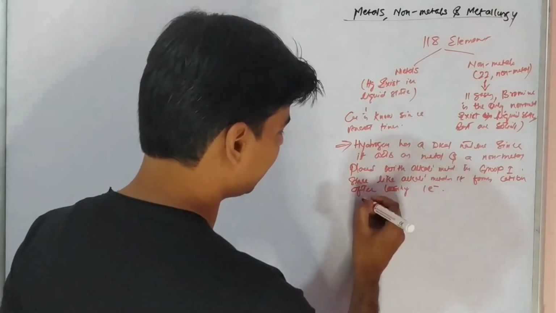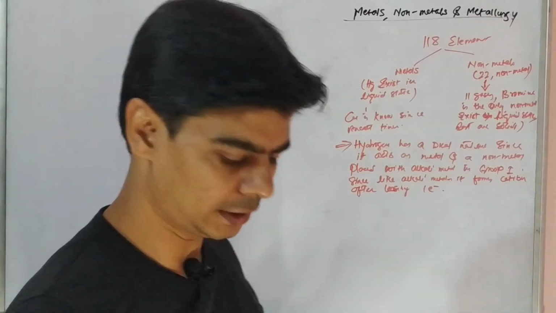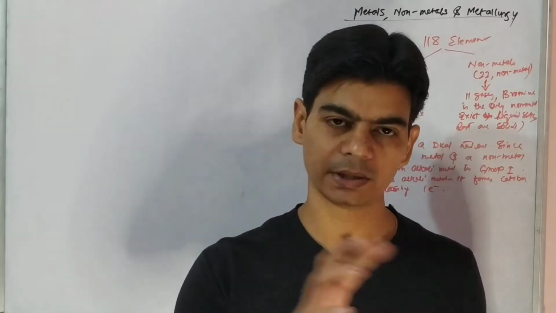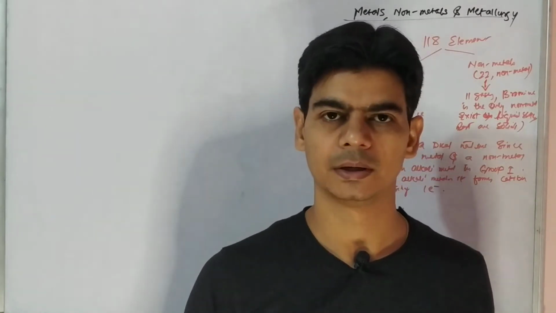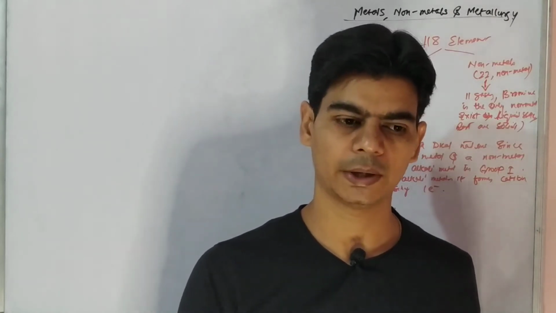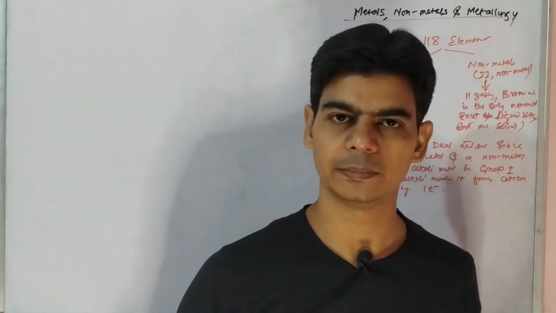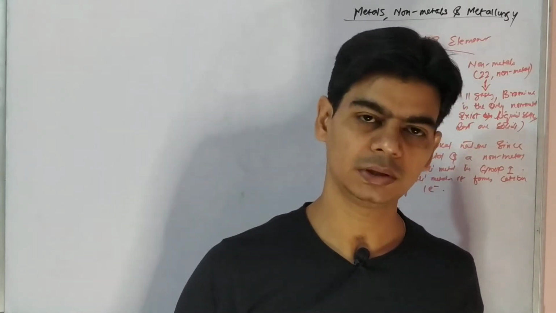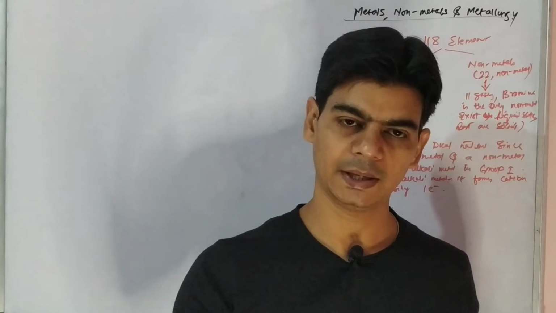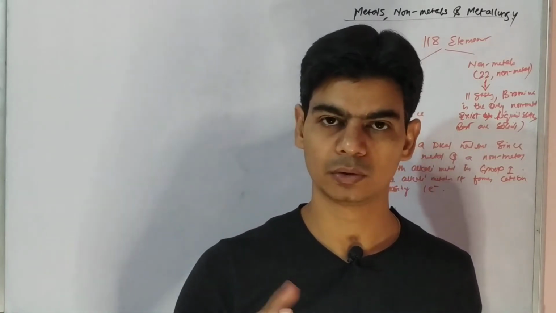Because we know hydrogen has one electron in its outermost shell, so it has a tendency to receive one electron, right, to complete its octet, to complete its doublet, right? Because elements, after acquiring 2 or 8 electrons, will become stable, right? So hydrogen can lose electrons like metals, and it can accept electrons like non-metals like chlorine, bromine, iodine.